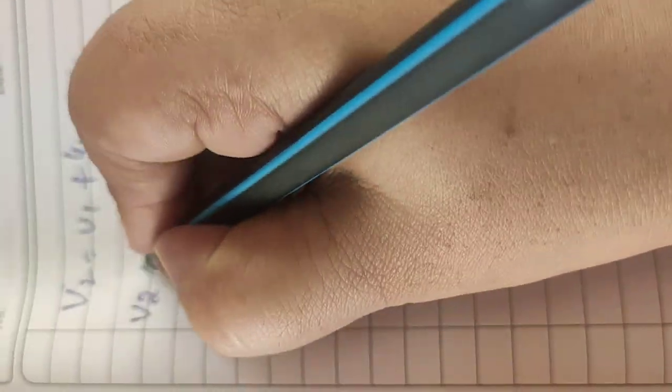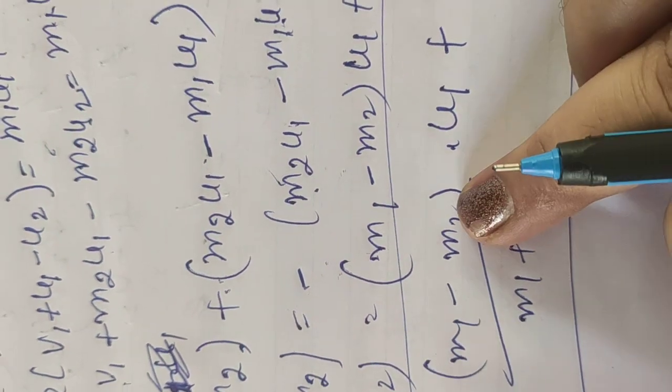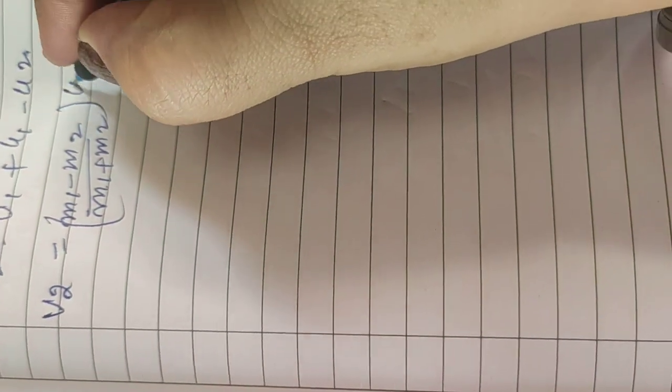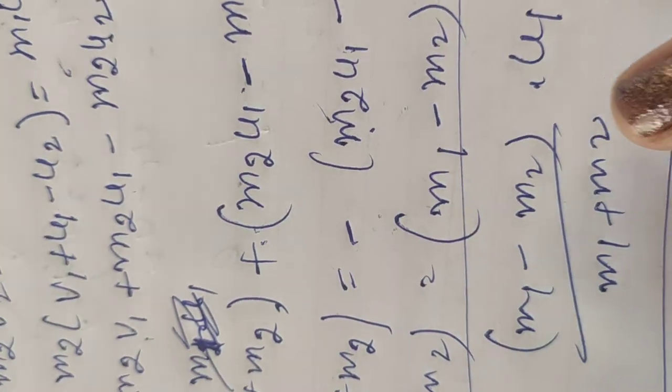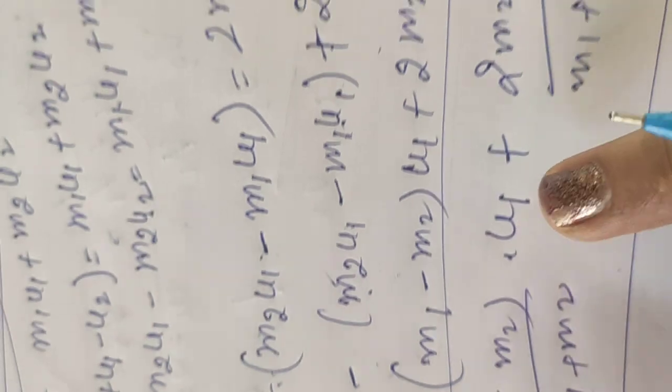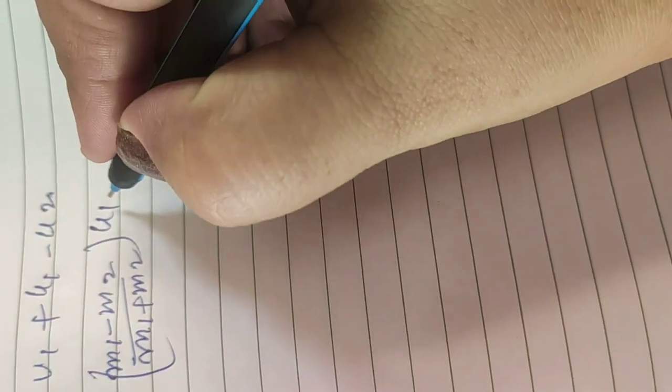Putting the value of v1, what is v1? v1 is (m1 minus m2) divided by (m1 plus m2) into u1 plus 2m2 u2 divided by (m1 plus m2), right? This is the value of v1, but these two terms are left, so we write here plus u1 minus u2.